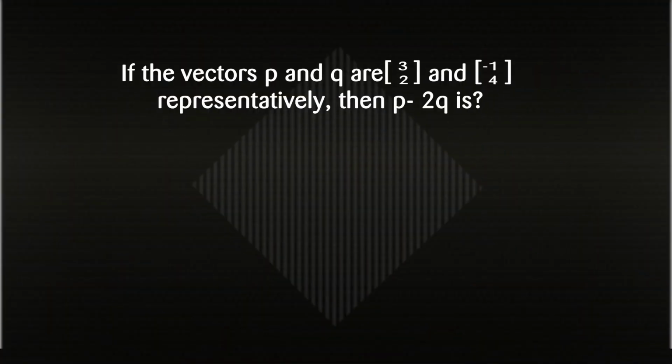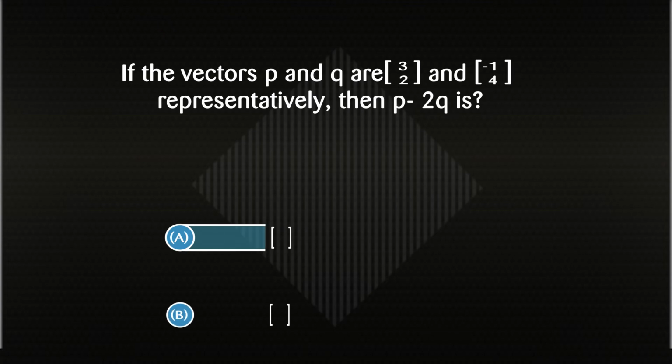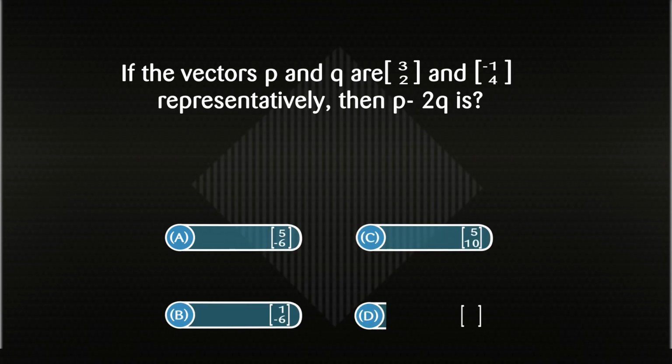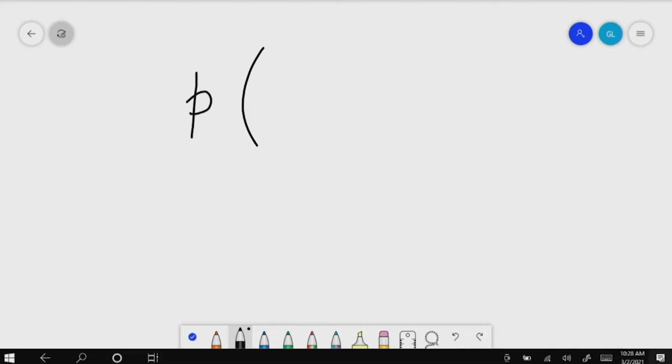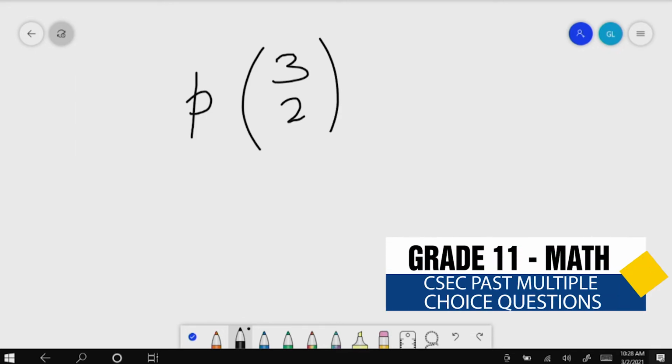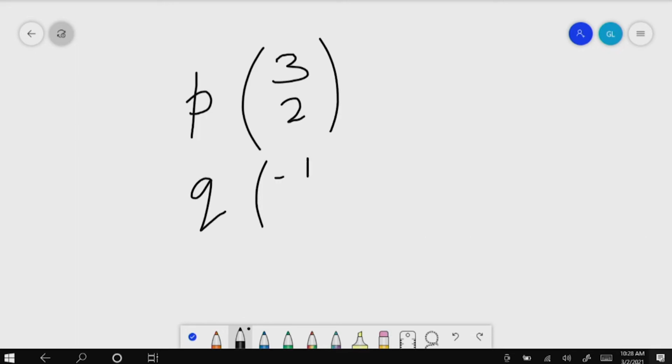If the vectors P and Q are 3, 2 and minus 1, 4 respectively, then P minus 2Q is. So here we have this question involving a vector concept telling us that the vector P is 3, 2 and the vector Q is minus 1, 4.